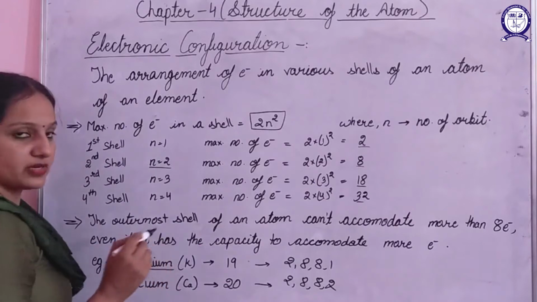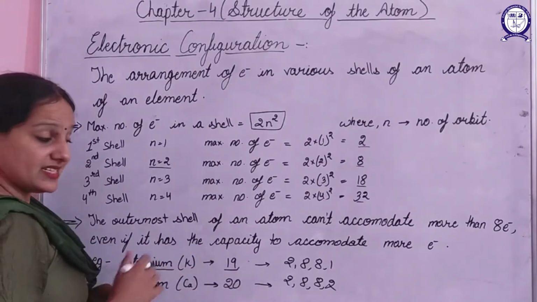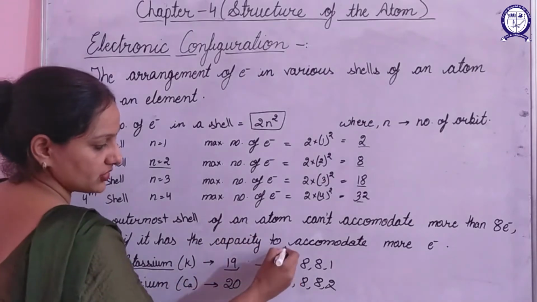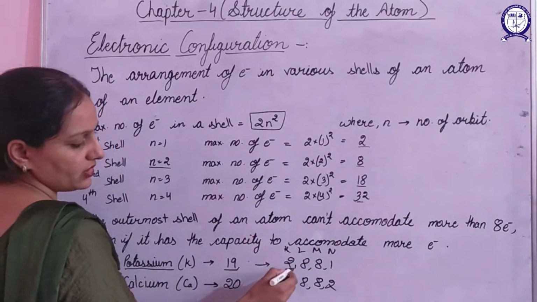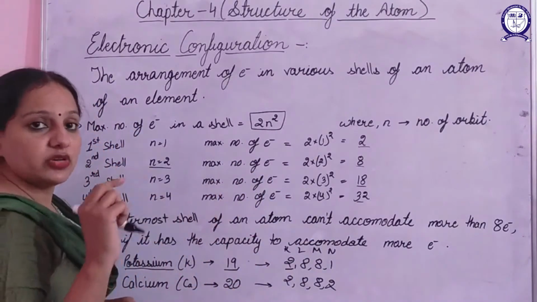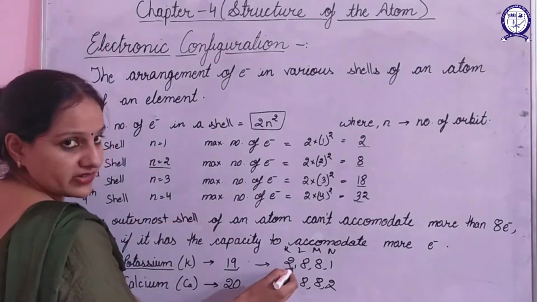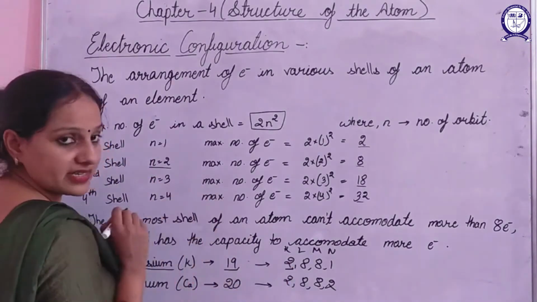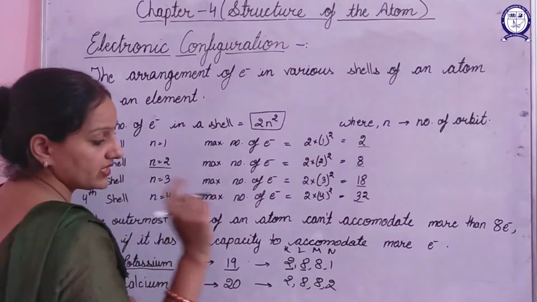Suppose we consider potassium. We know that the atomic number of potassium is 19. So how can we write it? We take the first shell K, then L, M and N shell. In the first shell only 2 electrons could be accommodated, not more than 2, so 2 electrons will be there in the K shell. Then the next shell will accommodate 8 electrons, not more than that.